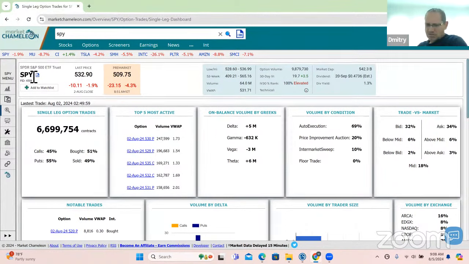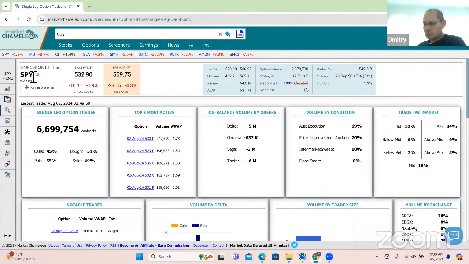And we discussed that this page analyzes option trades, calls, and puts that are not part of a multi-leg strategy or contingent trade.